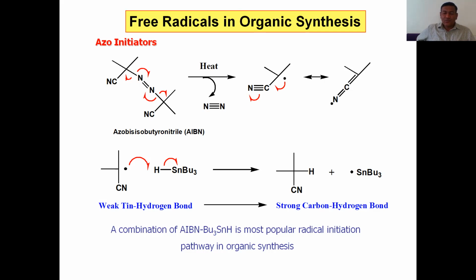So hope you have written the structure of AIBN and how it can be generated into the stable radical. The half-life is very sufficient, and it is stable, and the combination is always found with tin hydride, tributyl hydride.